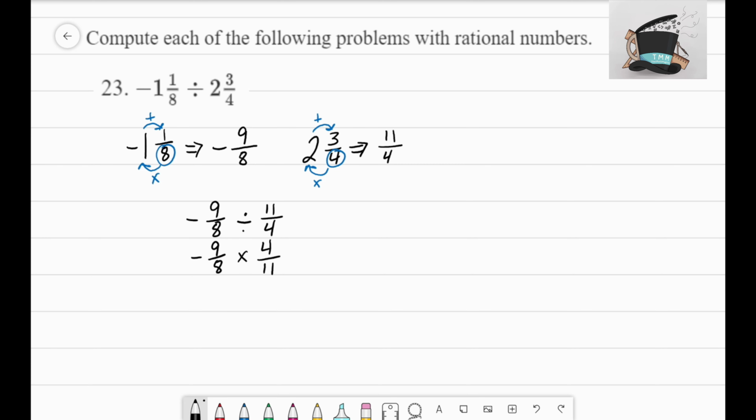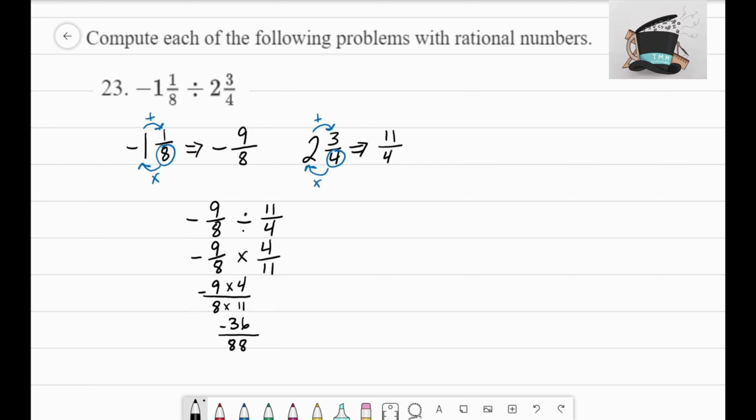There are a couple ways you can work out this problem. I'm going to first show you the long way. The long way would be that I take -9 times 4 over 8 times 11. -9 times 4 is -36, over 8 times 11, which is 88. Then we want to pause and think about what would go into 36 and 88.